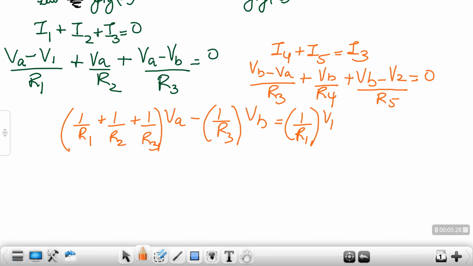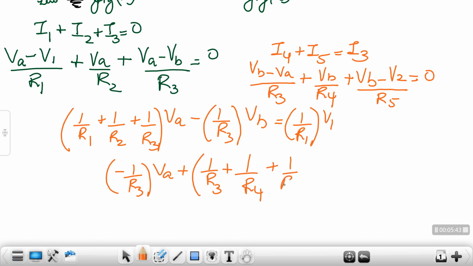So finally we get the equation as minus 1 upon R3 into VA plus 1 upon R3 plus 1 upon R4 plus 1 upon R5 into VB is equal to V2 upon R5.